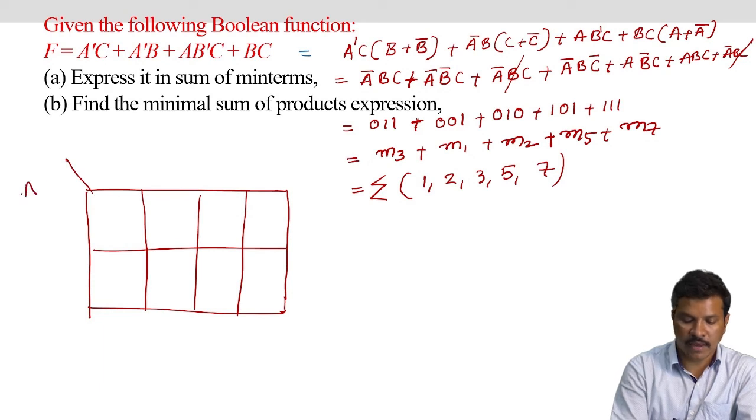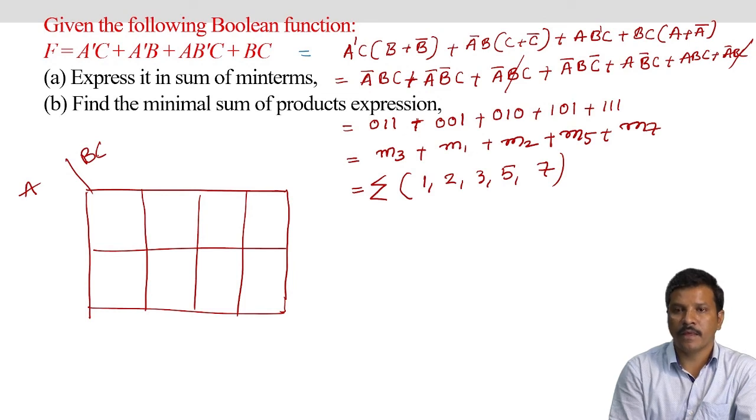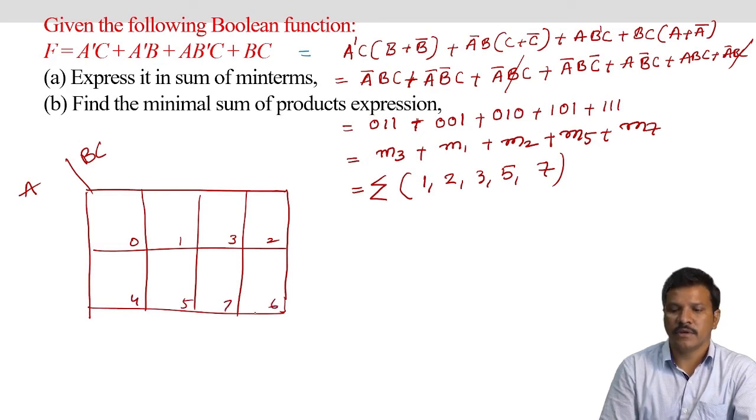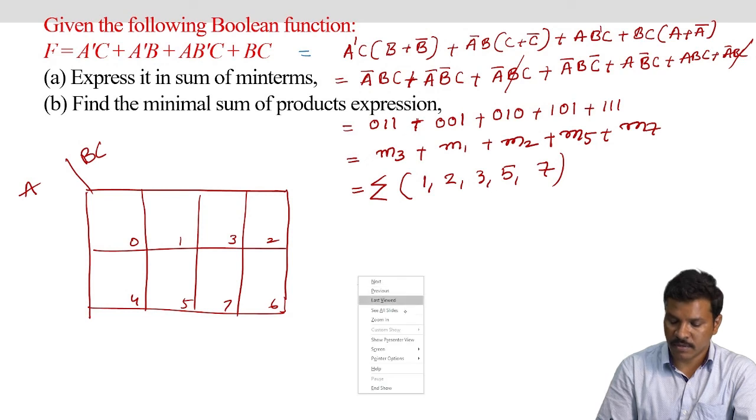I am taking A in horizontal, BC in vertical, with square boxes numbered 0 1 3 2 and 4 5 7 6. So we have 1, 2, 3, 5, 7 as the minterms.